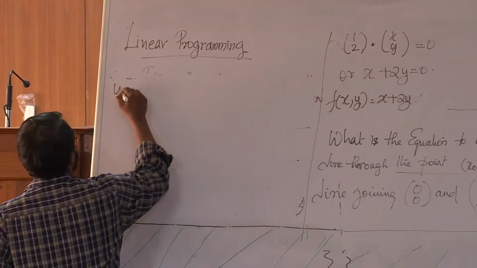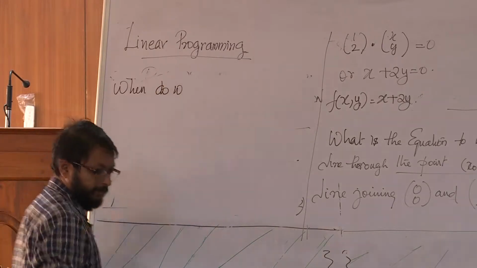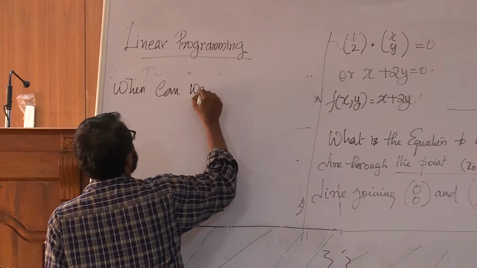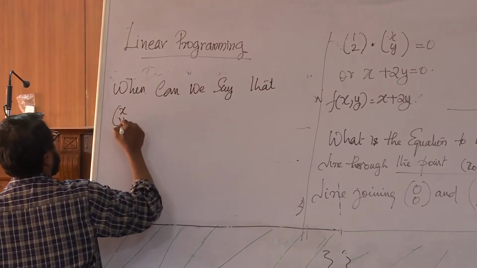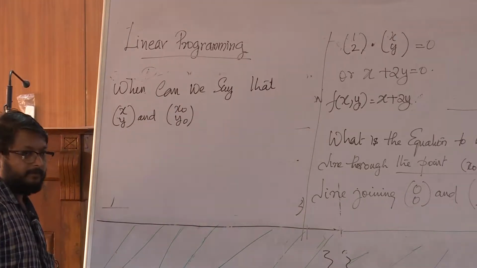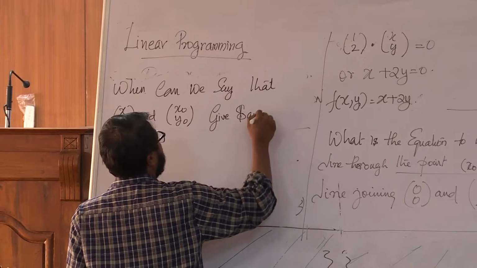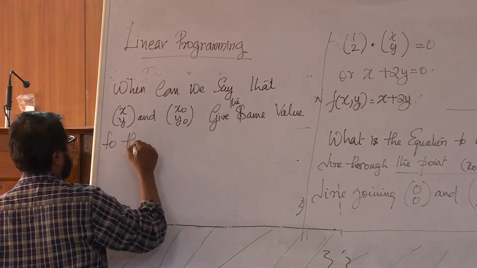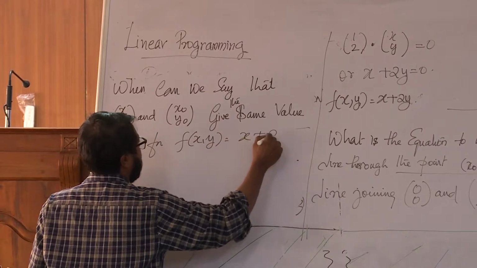What is the condition for us to say that x y and x naught y naught give the same value to the function f(x, y) equal to x plus 2y?